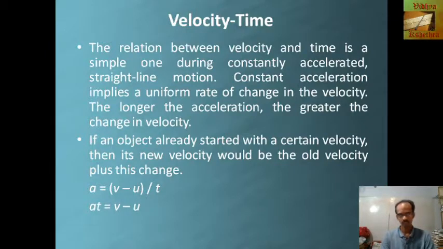From this, rearranging, we get at is equal to v minus u. Again rearranging, we get final velocity is equal to initial velocity plus the product of acceleration and time, which is the first equation of motion, which shows the relationship between velocity and time. Here velocity is directly proportional to time.